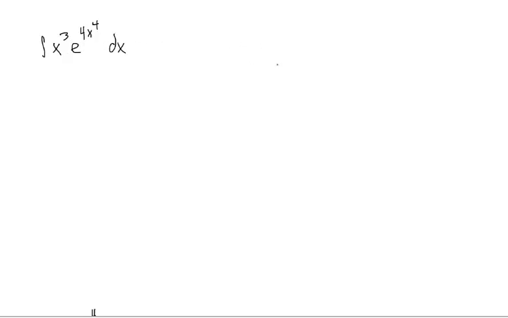So what we're going to do, and oftentimes with exponentials, it is the exponent. So u is going to be equal to 4x to the 4th. du is equal to 16x cubed dx. And now we're off by a constant of what we needed as far as our variable was concerned.